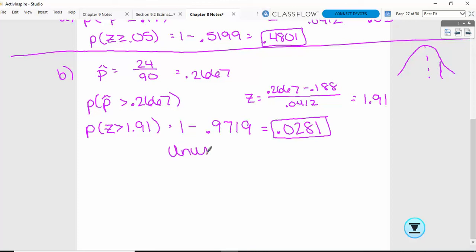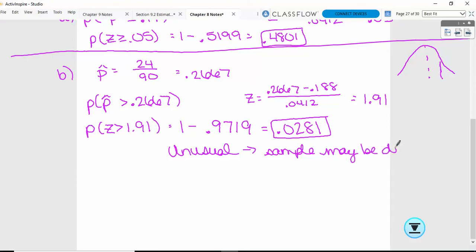So what are we concluding? This is unusual. We would expect 5% or higher. So this is unusual. What do we conclude? Maybe our sample is different. Maybe the proportion has changed. Something does not add up. So something along those lines.